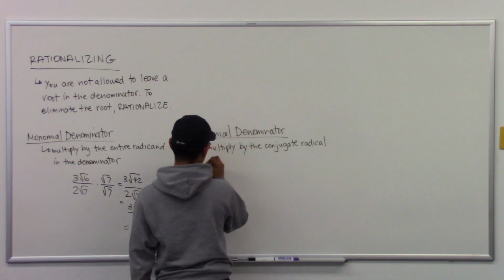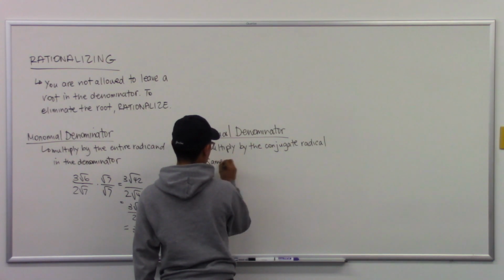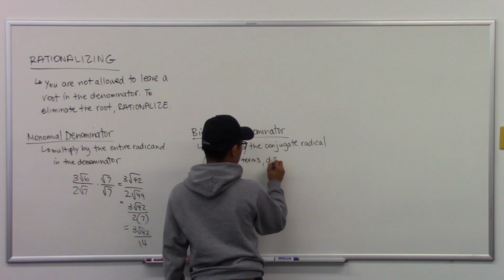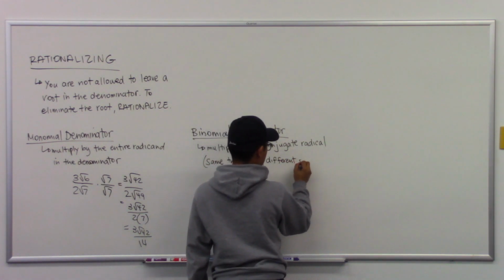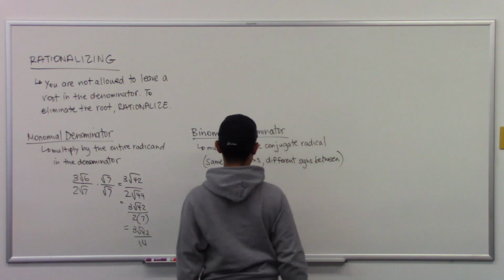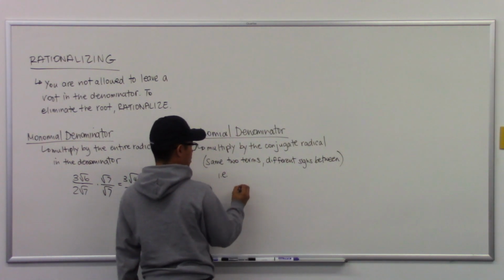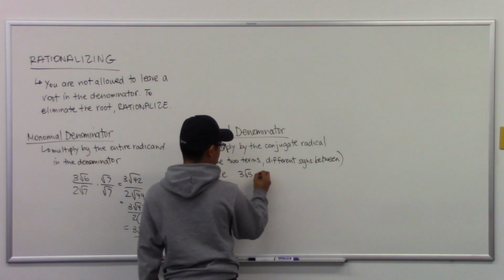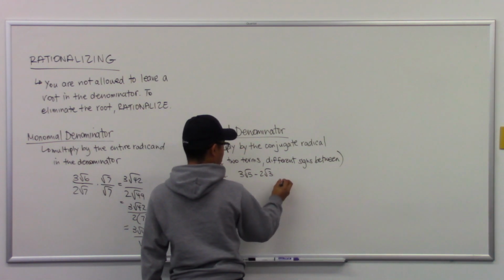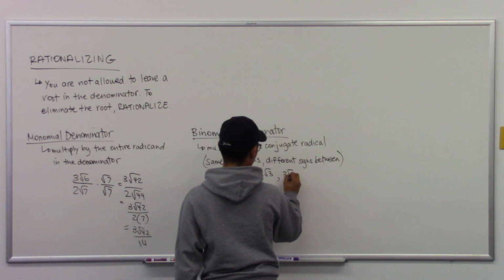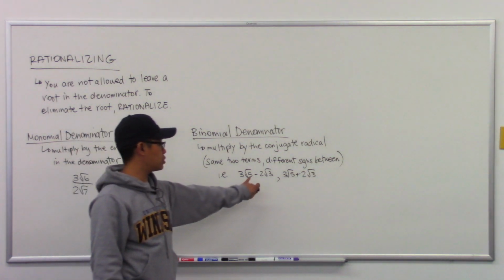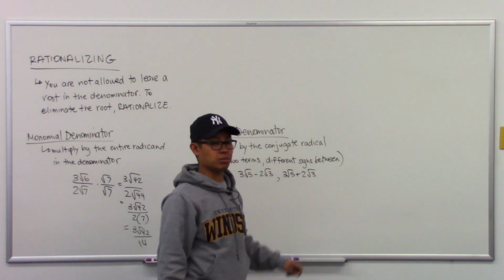The conjugate radical has the same 2 terms, different sign between. I.e., 3 root 5 minus 2 root 3, and 3 root 5 plus 2 root 3. Those are conjugate radicals. The same 2 terms, but different signs in between.